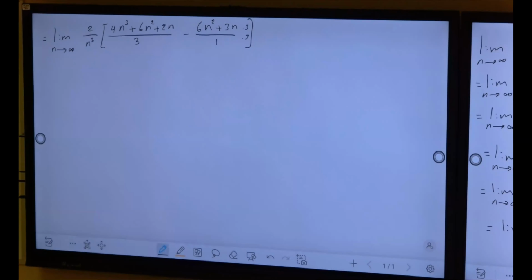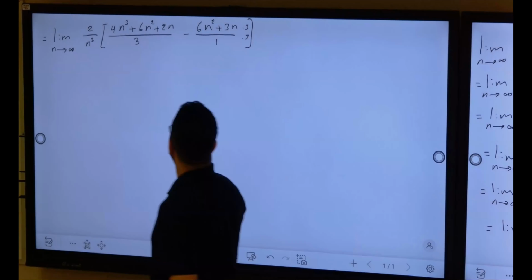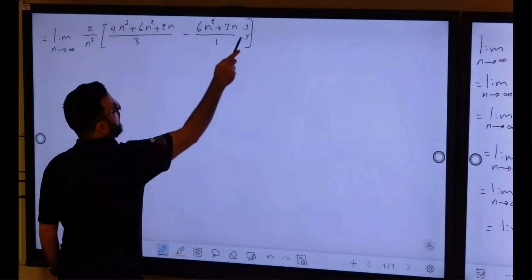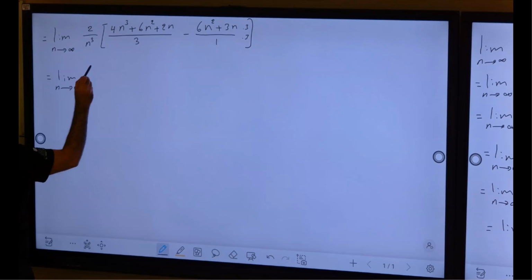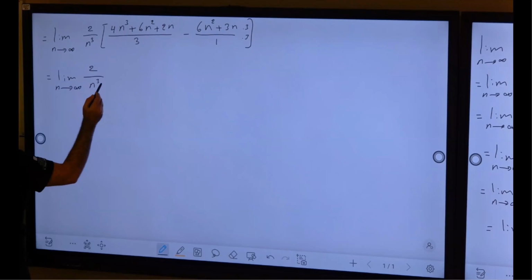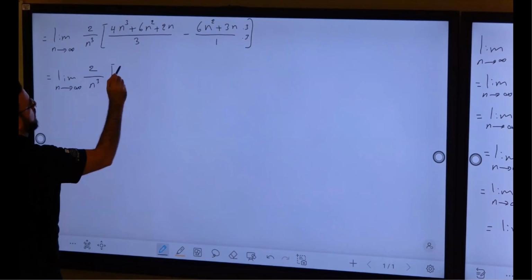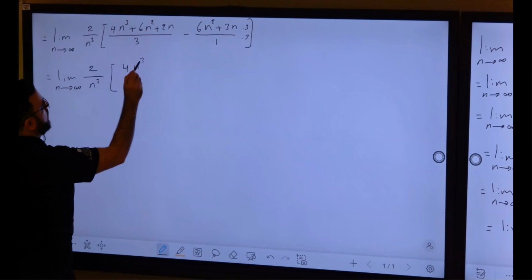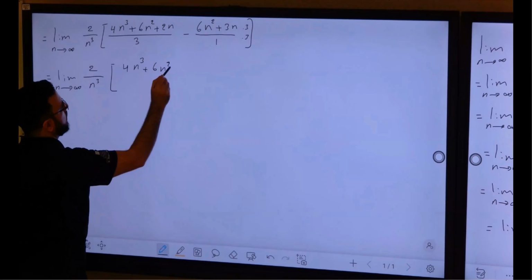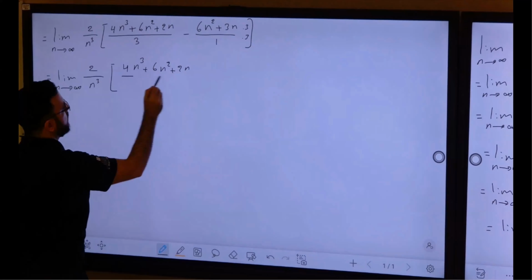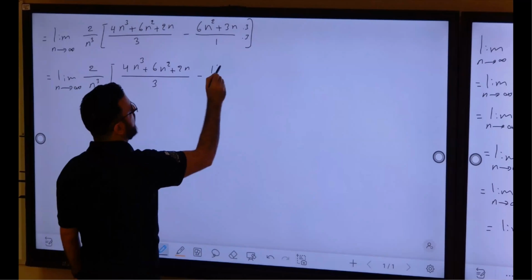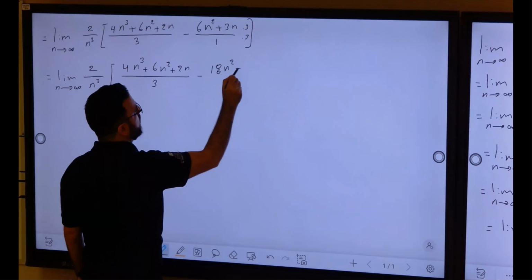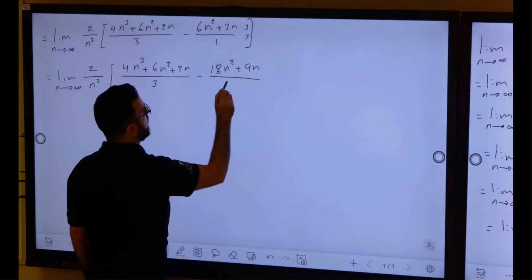The next step is what? You multiply by 3 to get the same denominator. So it's going to be the limit as n approaches infinity of 2 over n cubed times this one, which is 4n cubed plus 6n squared plus 2n divided by 3, and on this side, minus 18n squared plus 9n divided by 3.